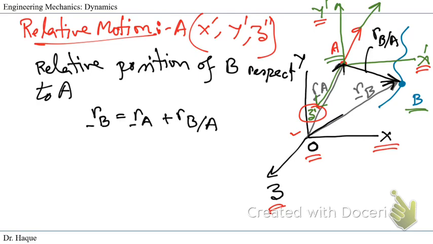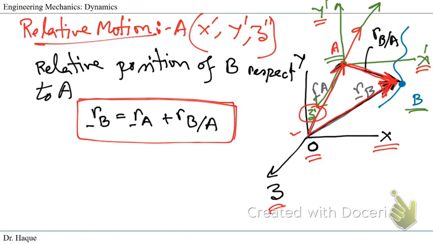So RB is defined by RA plus this direction, RB/A. Simple. So RB/A is our target. This is also a vector. The position of B with respect to A can be found using this relationship.